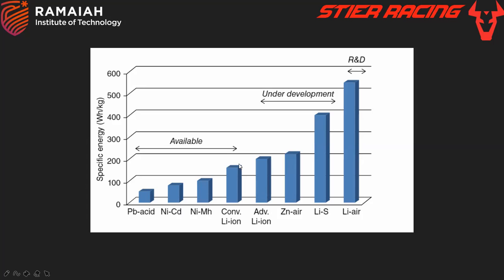They are widely used in your phones also. Everything is lithium ion battery right now: phones, laptops, everything. Further advanced lithium ion batteries and other chemistries are also there, but they are under development right now. They are not commercially used because they have some drawbacks also.